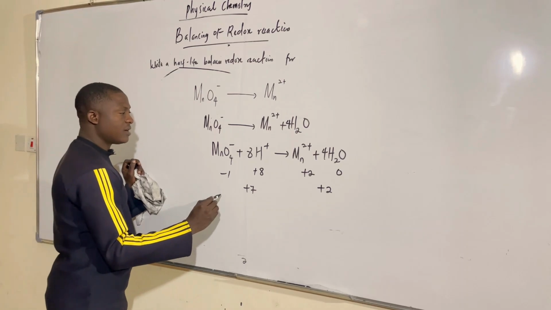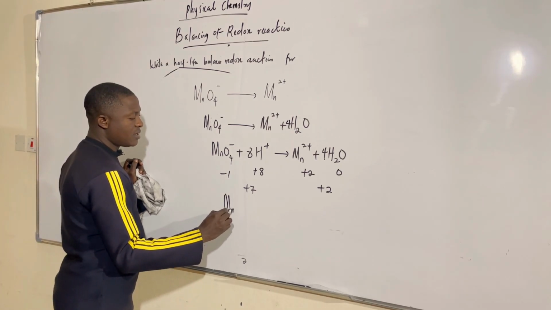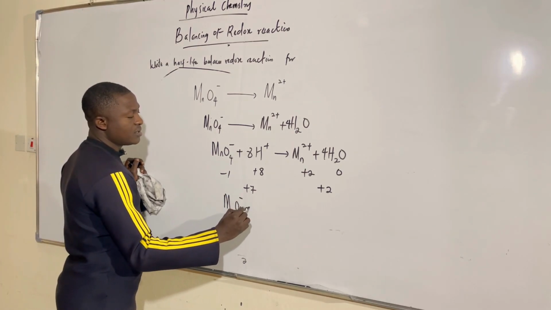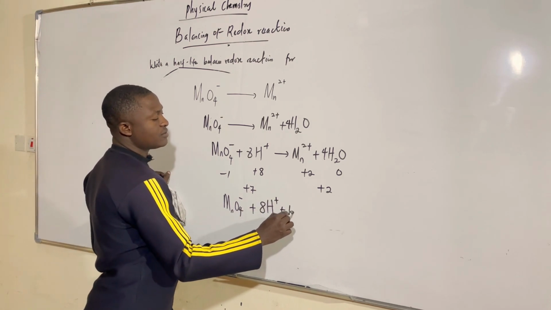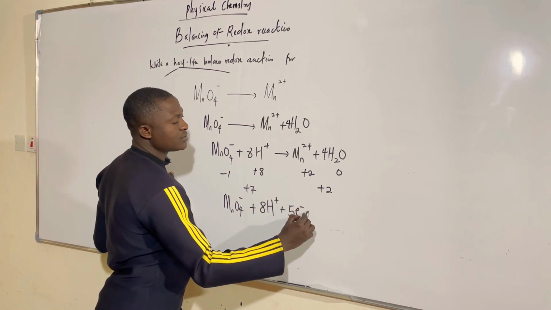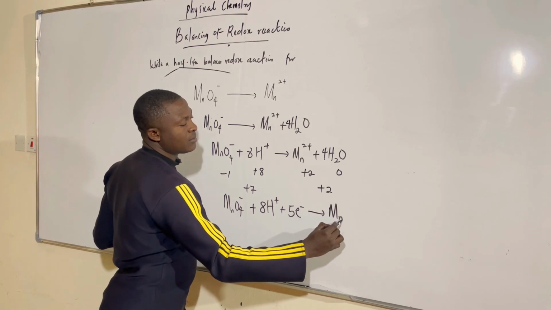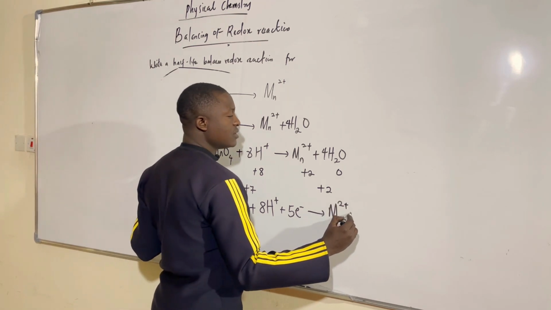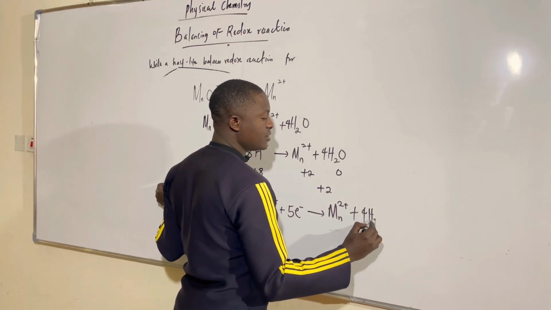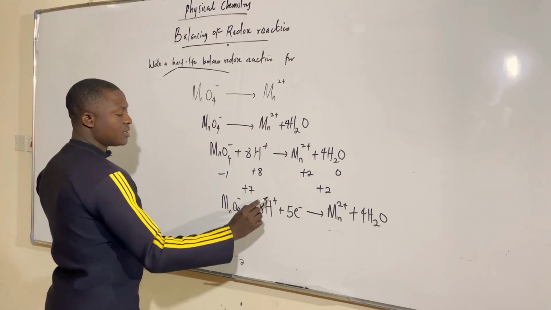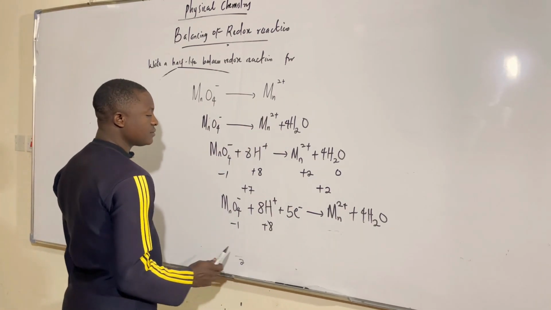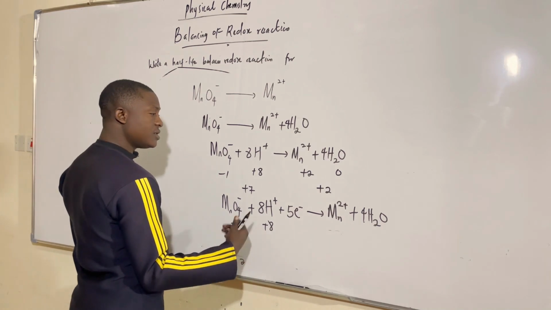So here I can have MnO4 minus plus 8 hydrogen ions plus 5 electrons to give Mn2+ plus 4 H2O. So here you can see I have minus 1, here plus 8, and it is balanced already.